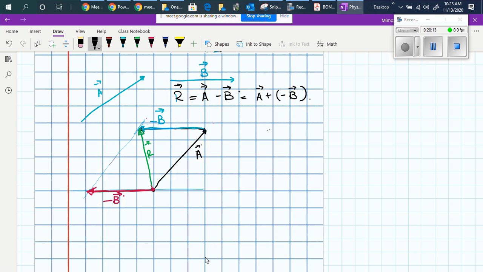Okay, so now the question is, what if I have more than two vectors to add, and the restriction is that I have to add them using the parallelogram method?